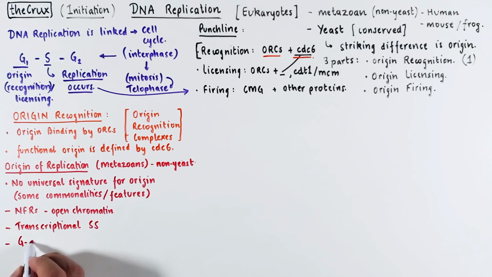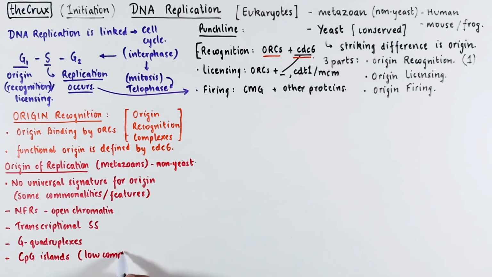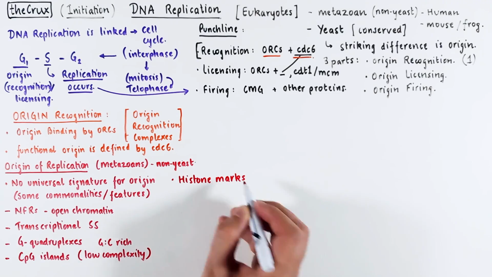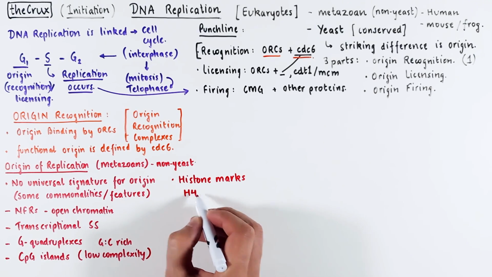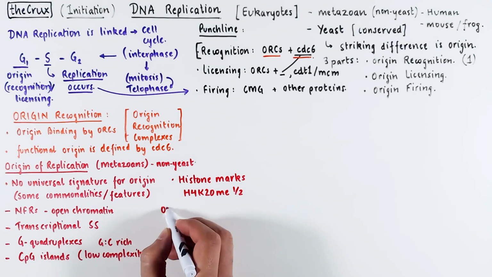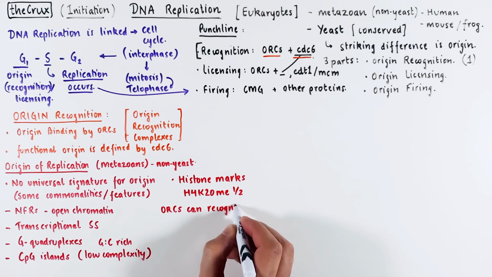Origins are also enriched for DNA secondary structures like G quadruplexes. They tend to have low complexity regions like CpG islands, which are quite GC rich. In terms of chromatin marks, H4K20 mono or dimethylation seems to be very heavily used to recruit ORCs, since ORCs can recognize some form of methylated histones.